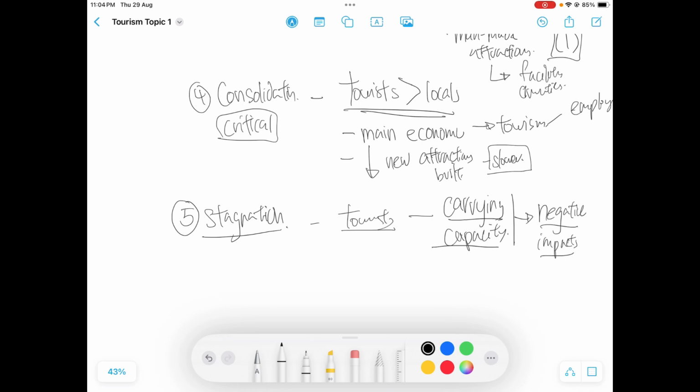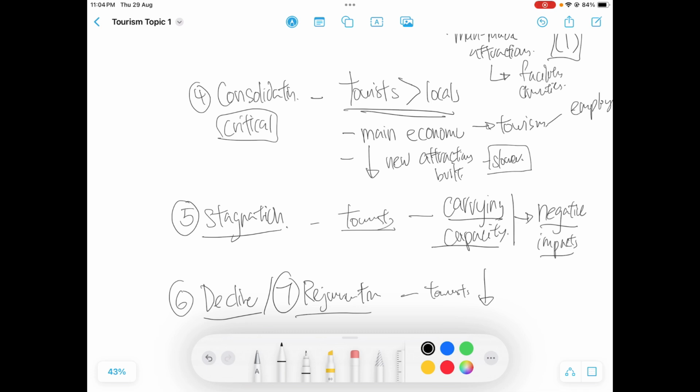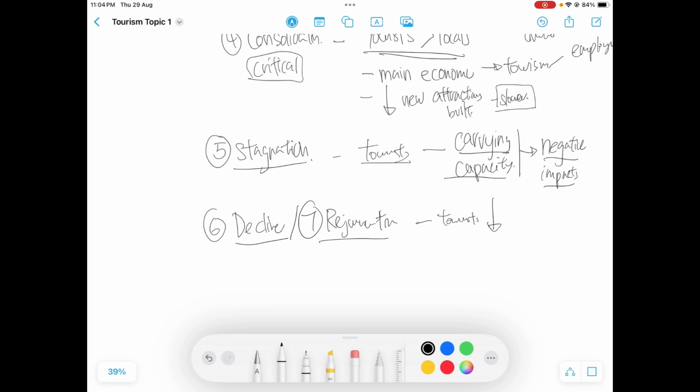And then stage six, which is the decline, or number seven, the rejuvenation stage, is where tourist numbers go down, they decline. That's most important. And if there is no more rejuvenation, a place will decline.